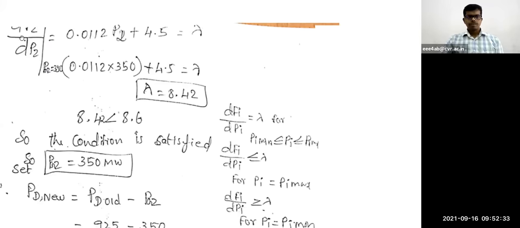So here, what we are doing is finding dF2 divided by dP2 by taking PG2 as 350 megawatt.